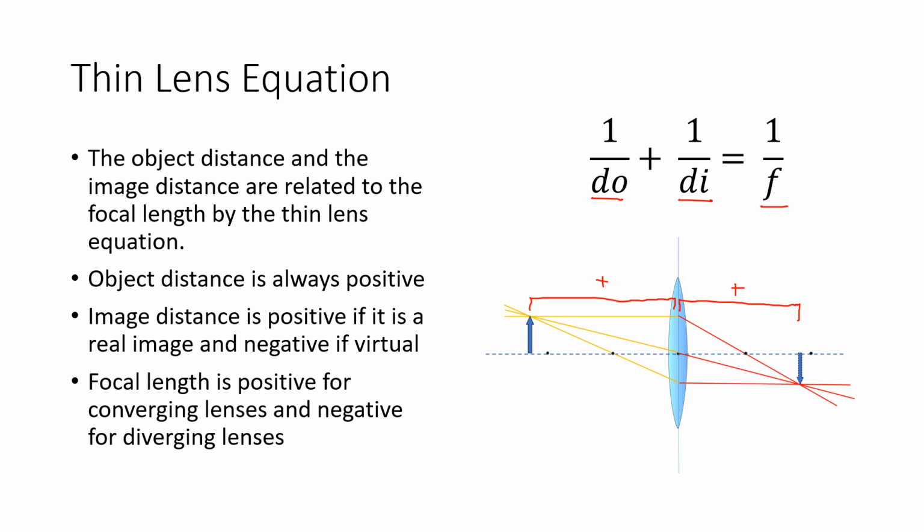And then the last thing, of course, is the focal length, and that's the distance to the focal point, which will also be positive for converging lenses like this one. But if it's a diverging lens, well, then it'll be on the other side, and it'll be a negative value for the focal point.